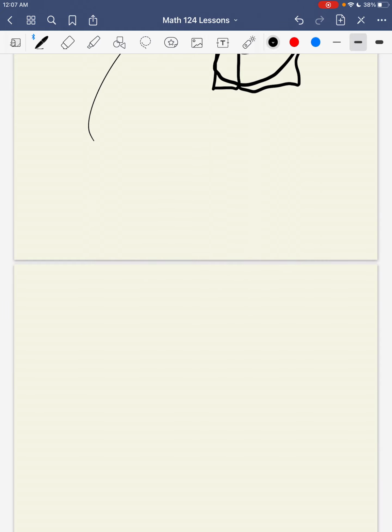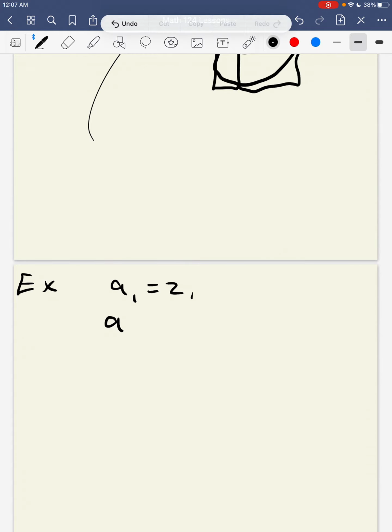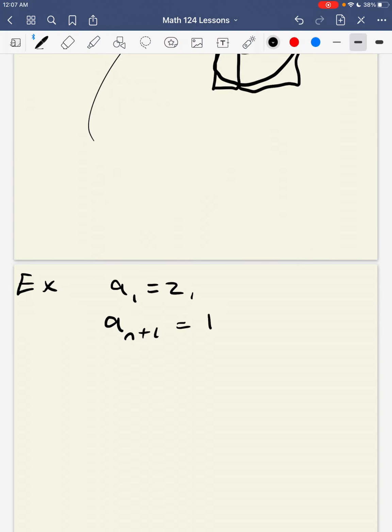Let's look at another recursive sequence. I believe you may see similar ones in your homework. Say the first term in a sequence is 2, and then any term will equal 1 plus 1 over the previous term.